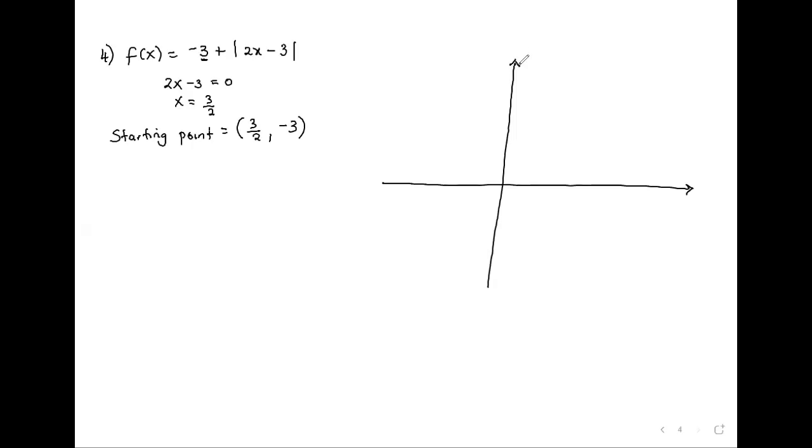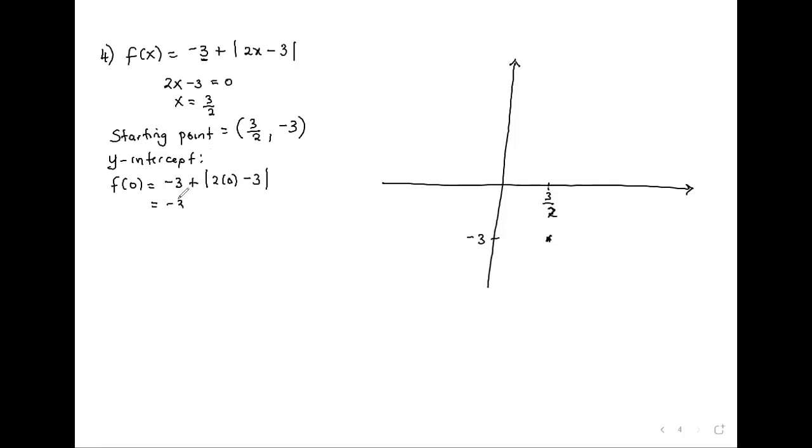So once I do that, I prepare to sketch. So far, I have 3 over 2, comma, -3. From there, we find the y-intercept. You get f of 0 equals -3 plus the absolute value of 2 times 0 minus 3.